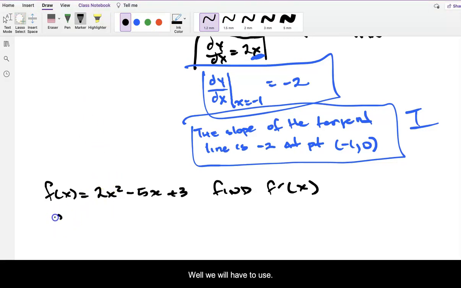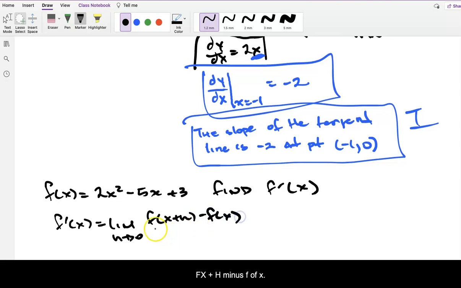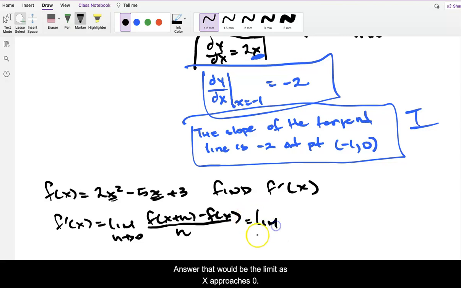Well, we would have to use f prime of x is going to be the limit as h approaches 0 of f of x plus h minus f of x all over h. And wherever you see an x, you're going to have to replace it with x plus h. And so that would be the limit as h approaches 0.